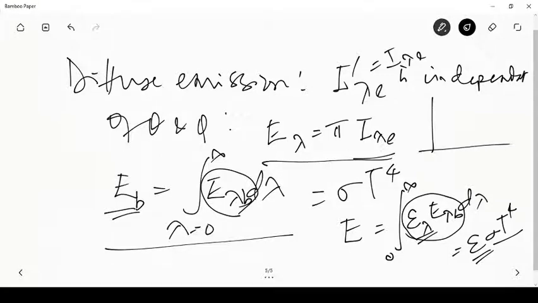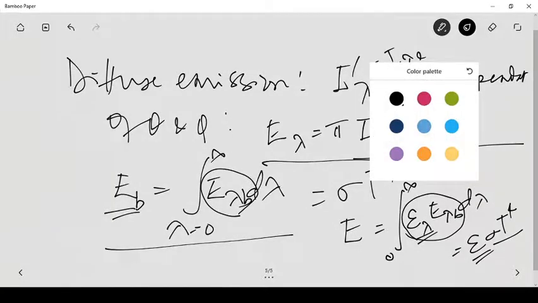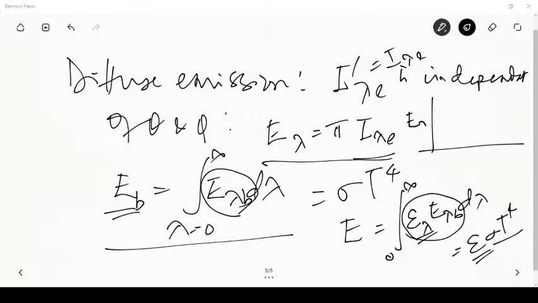So, for example, if I write epsilon lambda versus lambda is a constant value, let us say 0.3.